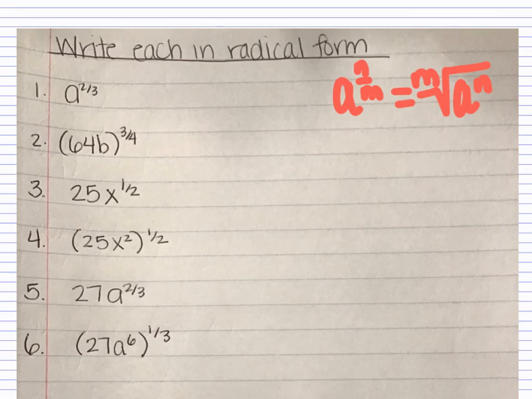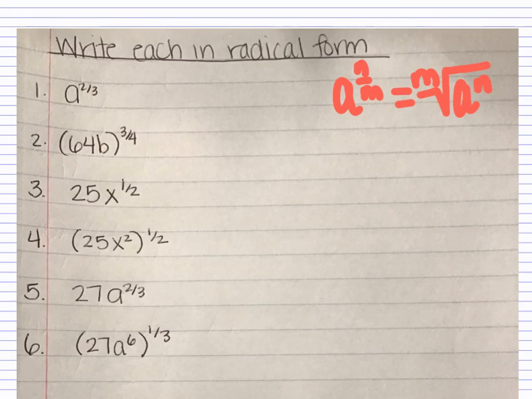Our numerator does one thing, our denominator does another. So notice here in rational exponent form, we have a to the n over m. Now, as we transfer that into radical form, my m becomes the root of my radical, and the n stays with the base underneath the radical.